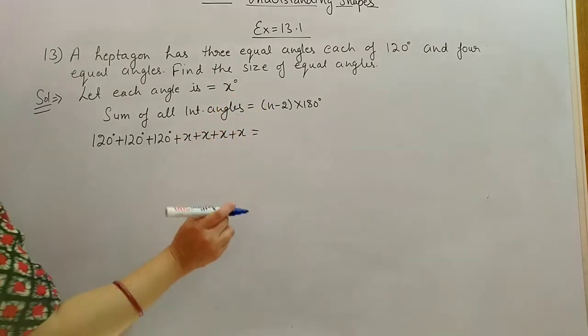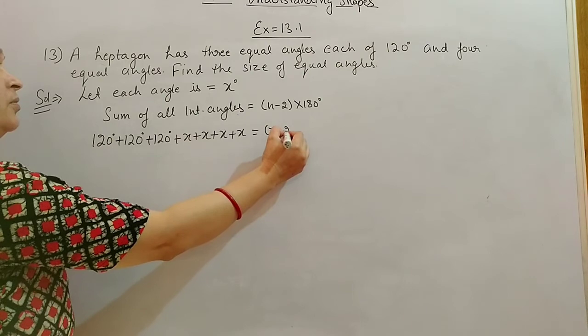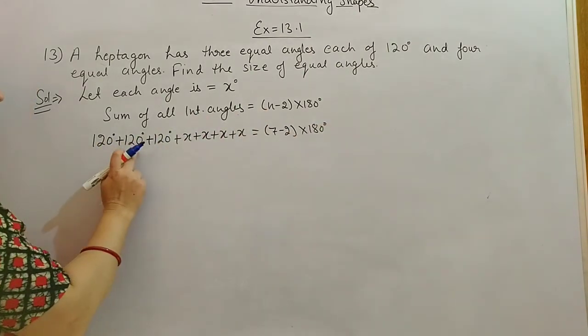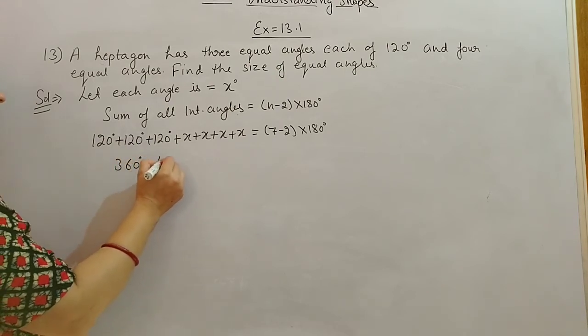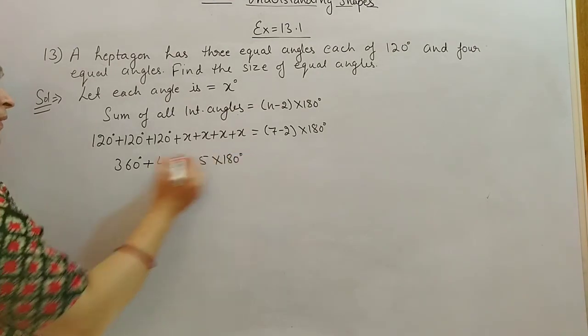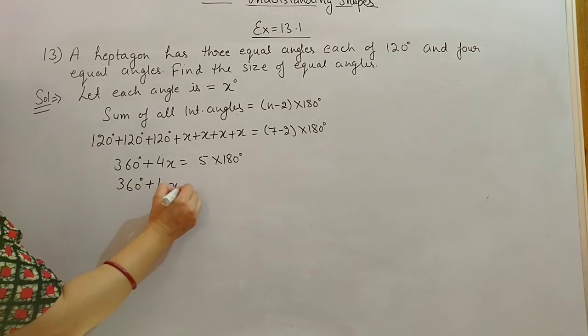Here we can substitute the n value. It is a heptagon, meaning 7. 7 minus 2 into 180 degrees. 120, 120 and 120 will become 360, plus 4x is equal to 5 into 180. So 360 plus 4x is equal to 900.